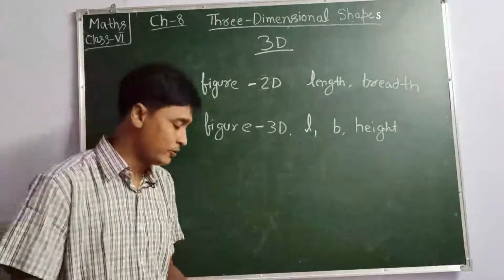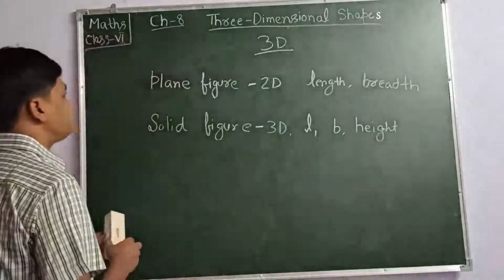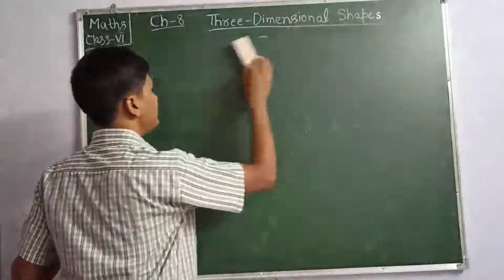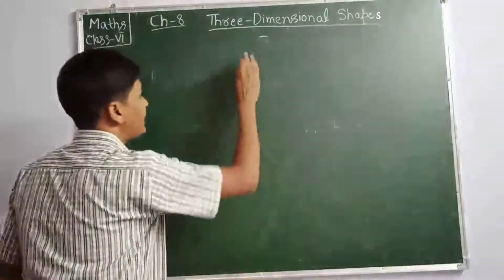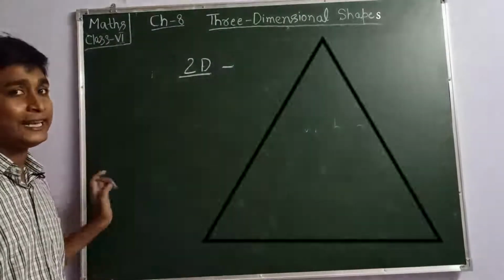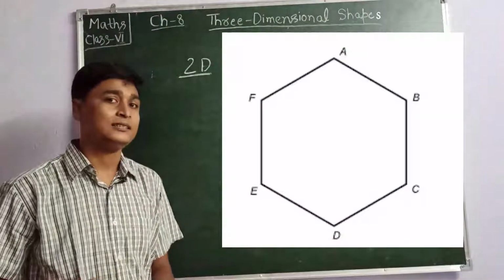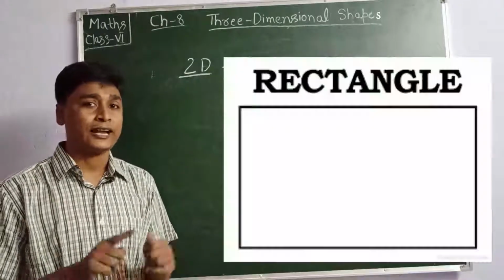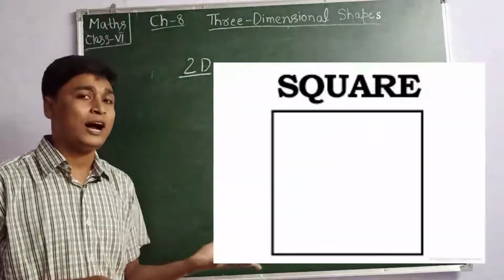Now let's talk about what a two-dimensional figure is. Examples of 2D shapes are triangles, hexagons, pentagons, circles, rectangles, squares.